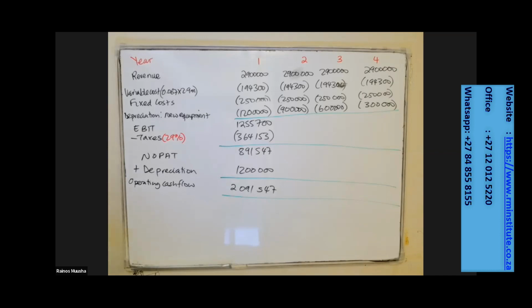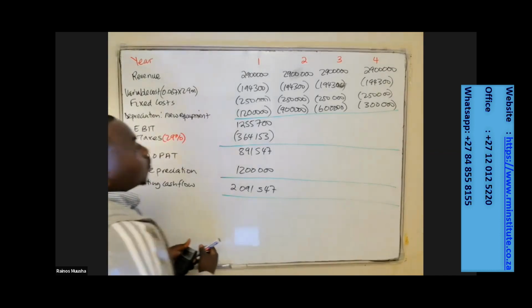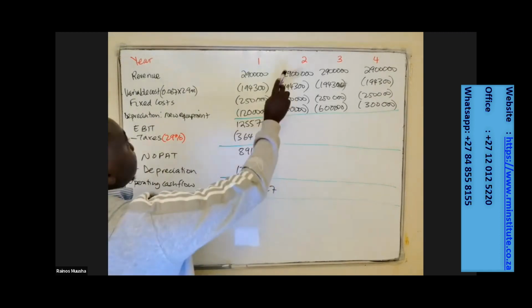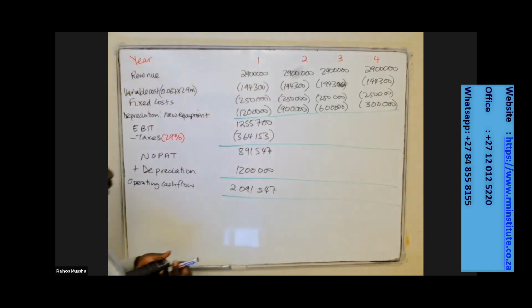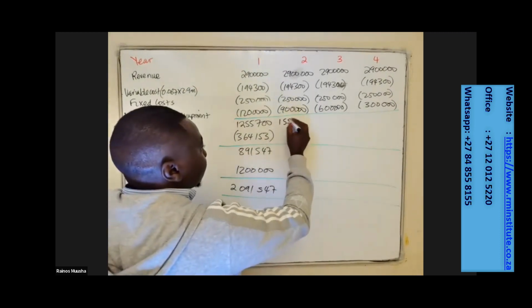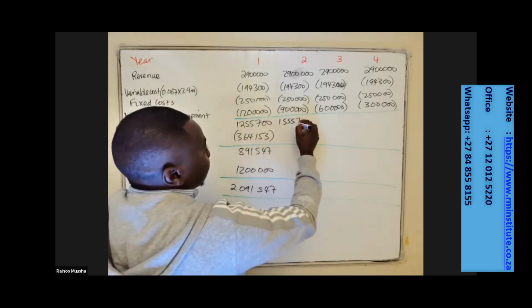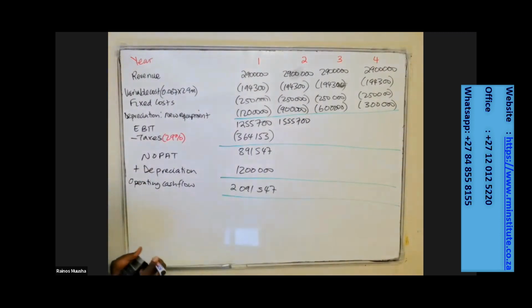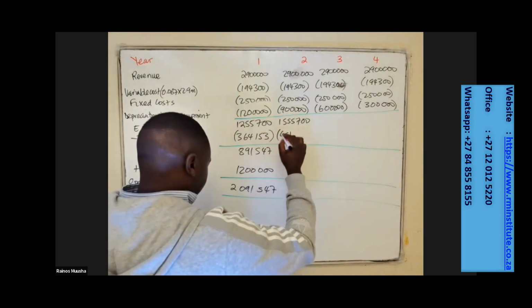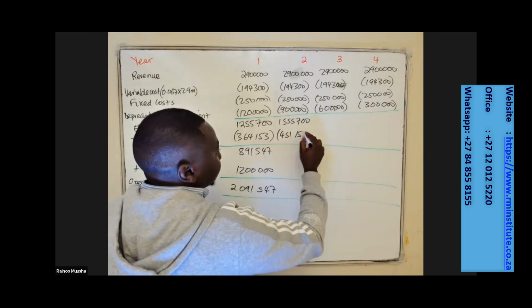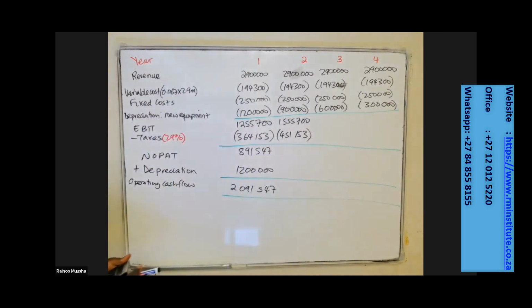Next, for the second year, your revenue minus this minus that minus that should give you a figure of 1,555,700. Then your tax rate is 29%, and with the tax rate of 29%, this will give you a tax amount of 451,153.